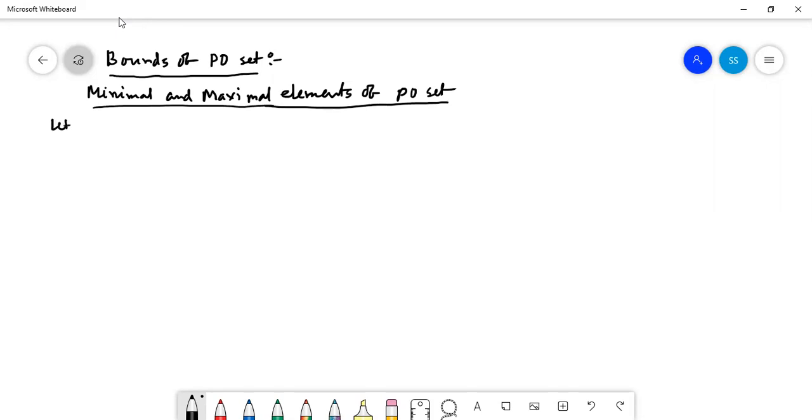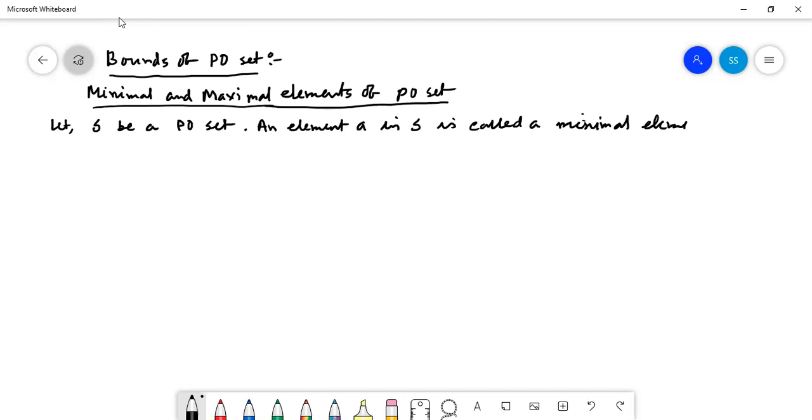So let A be a POSET. An element small a in capital A is called a minimal element if no other element of A strictly precedes a.